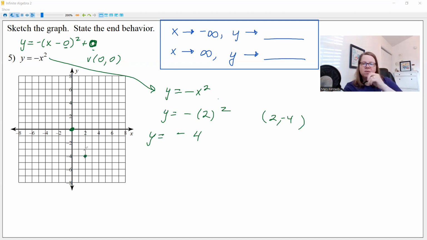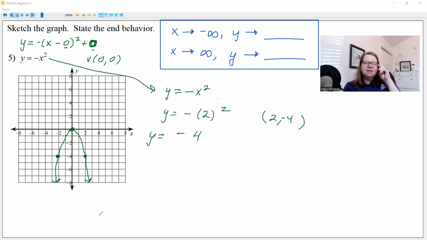And remember, this is always going to be symmetric. And so if that's 2 to the right, I'm going to go 2 to the left, and it'll be down 4. So I can just plot a point that's going to be corresponding. Okay, so that gives me a good idea, enough to get a sketch of what's happening. And I knew it would just be a basic parabola, but opening downward, right?